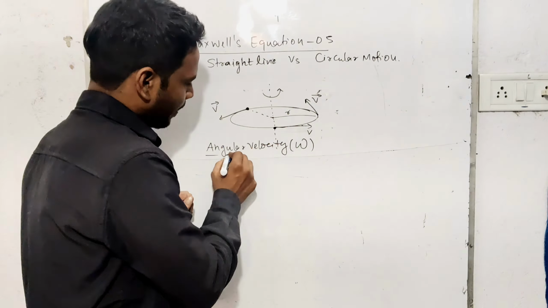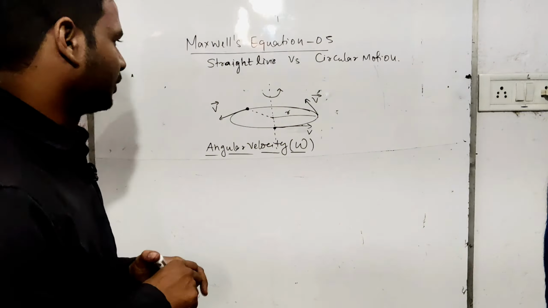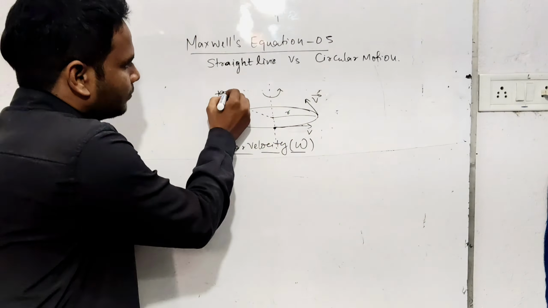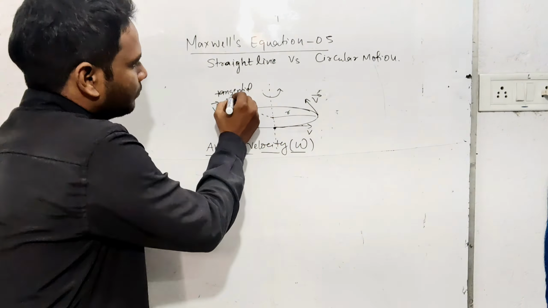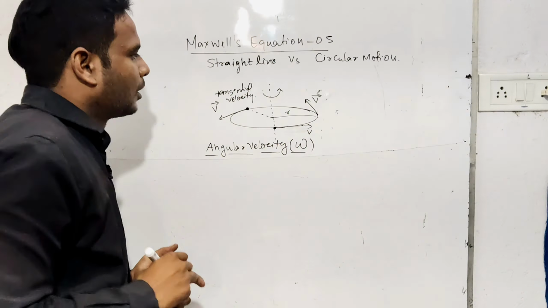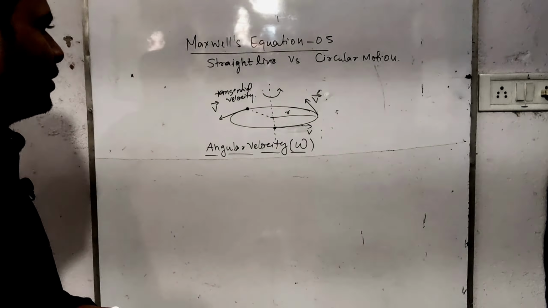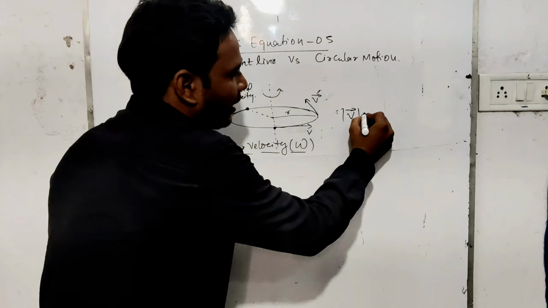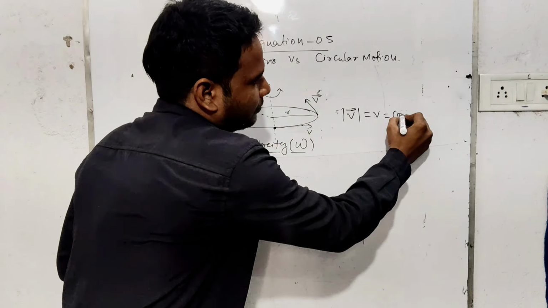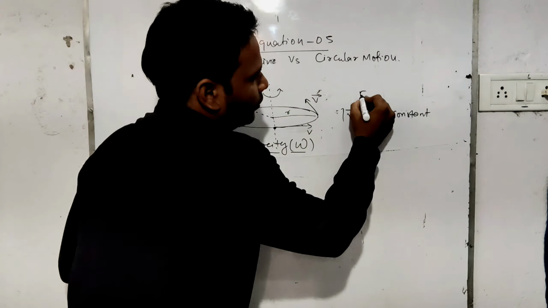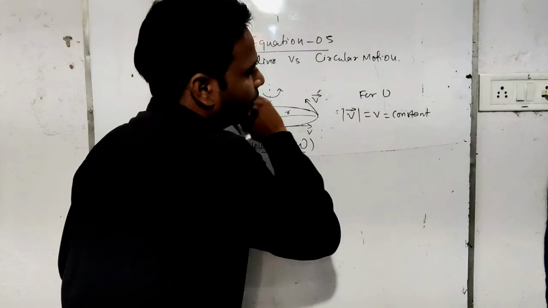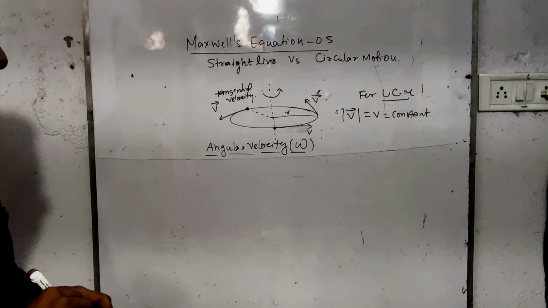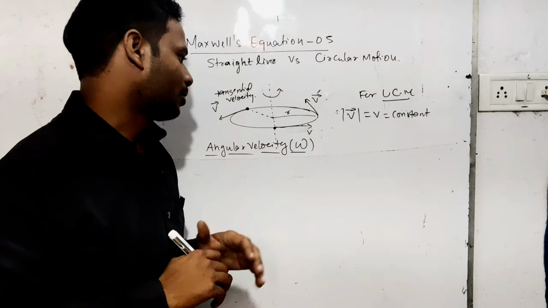Instead of measuring this velocity, which is called tangential velocity, which is not constant because its direction changes, but its magnitude for a uniform circular motion is constant.